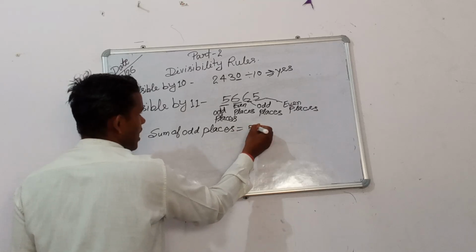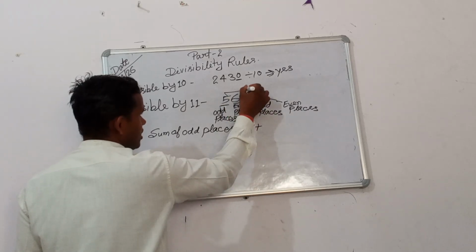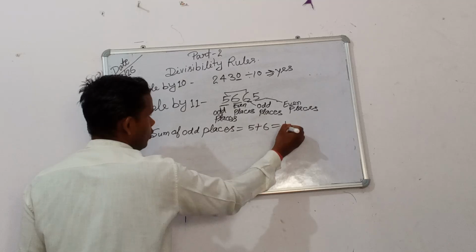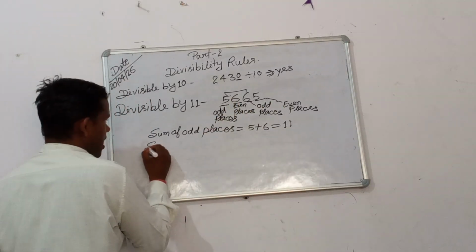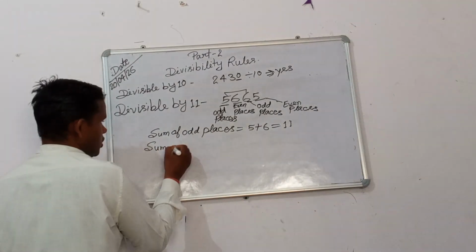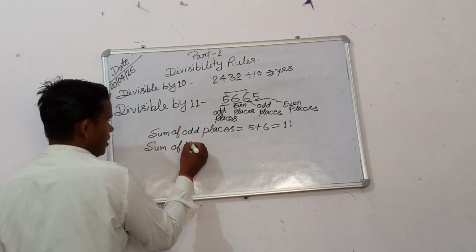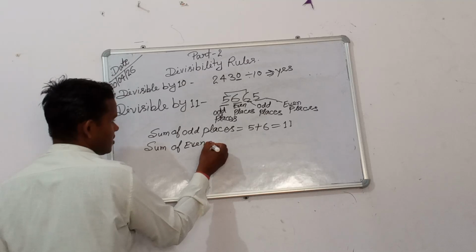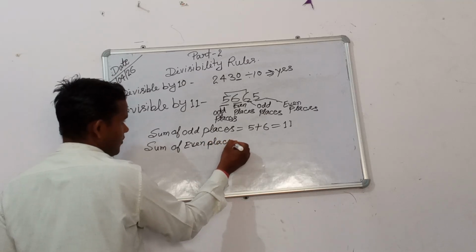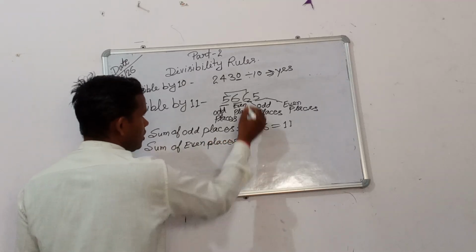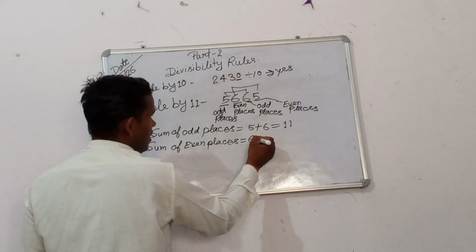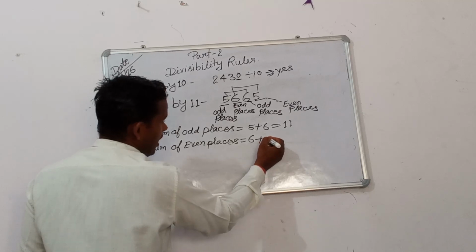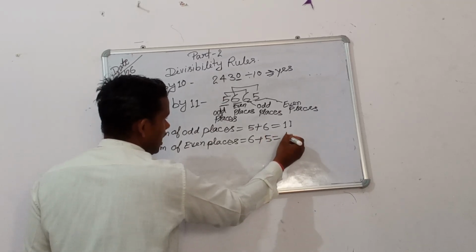Sum of odd places is equal to 5 plus 6, that is equal to 11. And the sum of even places is 6 plus 5, that is equal to 11.